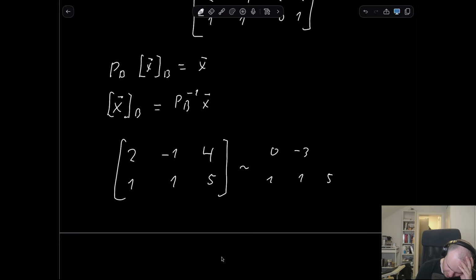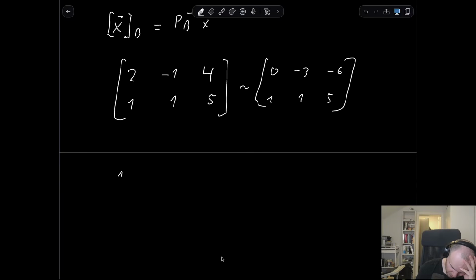Minus 2, that's minus 3. Minus 2, that's minus 10. And of course, minus 6. Just like that. Okay, we can of course flip that. So that's just 1, 1, 5. Then I can divide by minus 3. So I get 1, 0, 1, and of course 2.